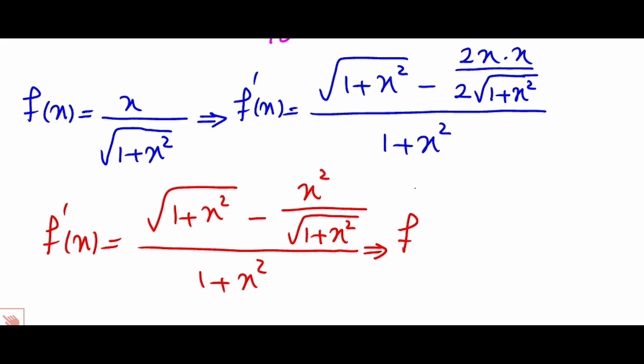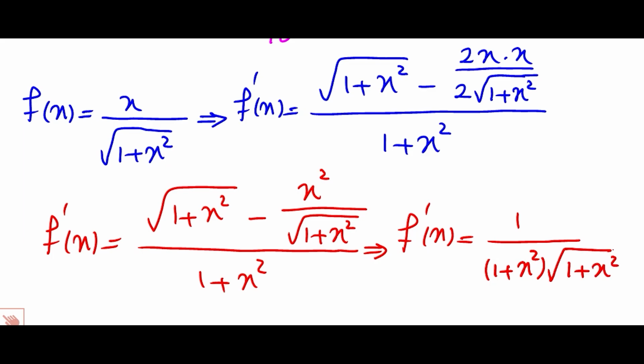Finally, if we simplify this fraction, we have f prime of x is equal to 1 over 1 plus x squared times the square root of 1 plus x squared.